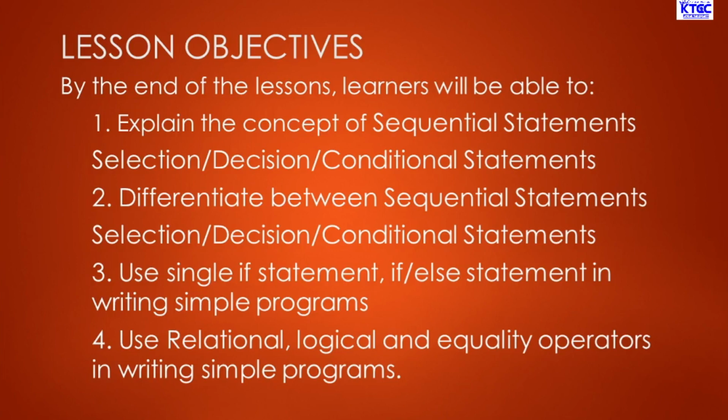Three, use single if statements and if else statements in writing simple programs or in making decisions in our programs. And finally, be able to use relational, logical, and equality operators in writing simple programs. So basically, these are our lesson objectives.